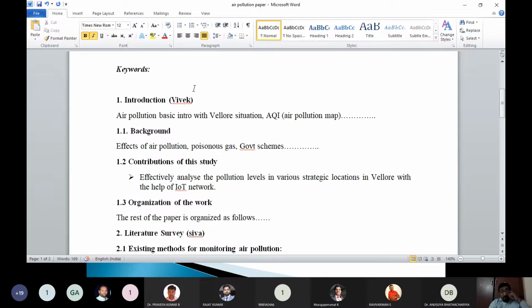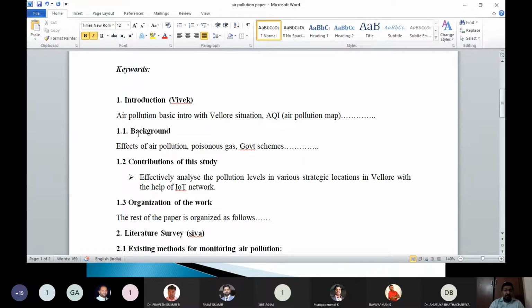And obviously, the first section would be the introduction, where you talk about the domain, and then the subsection would be the background, where you talk about the various challenges and the different schemes or methods which are being highlighted.